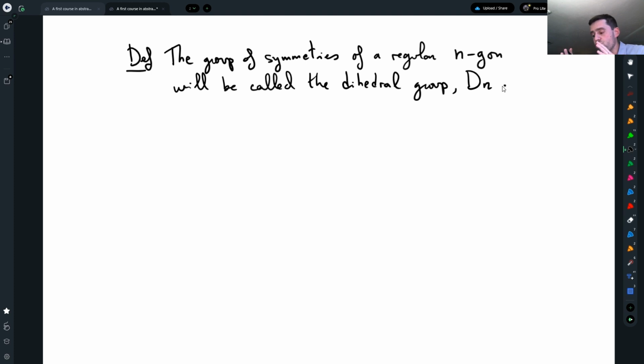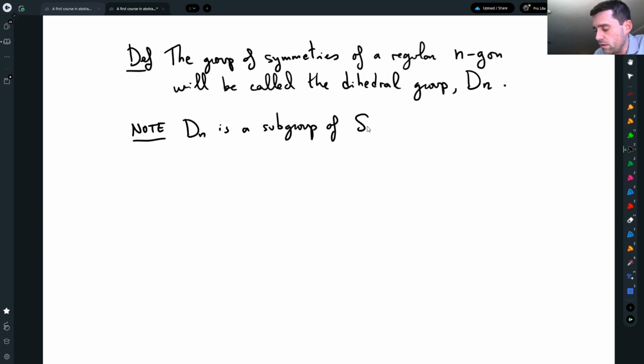In the literature, some people call it D2n. I'll explain in a second what this all means, but we've just seen that Dn is a subgroup of Sn with 2n elements.